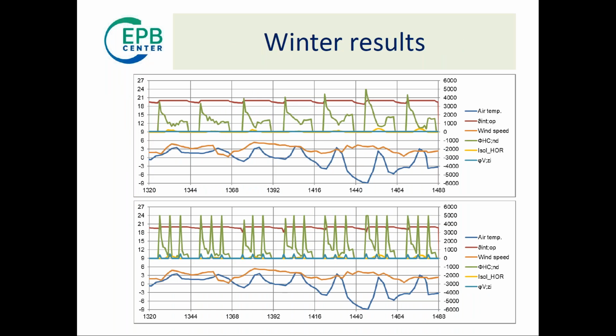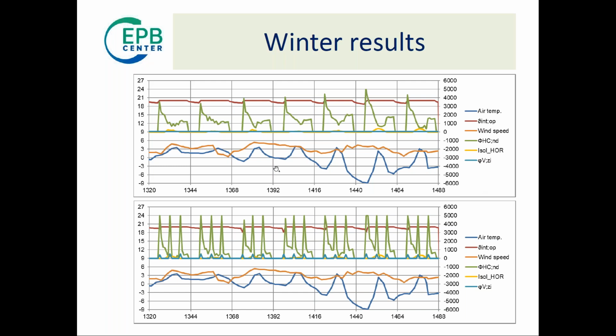So here, what we see is some winter results, also for a selected week in January. You see the outdoor temperature and the wind speed. I plotted the wind speed as well here because it influences the flow rate as well.